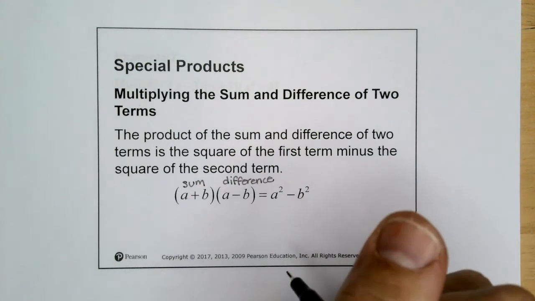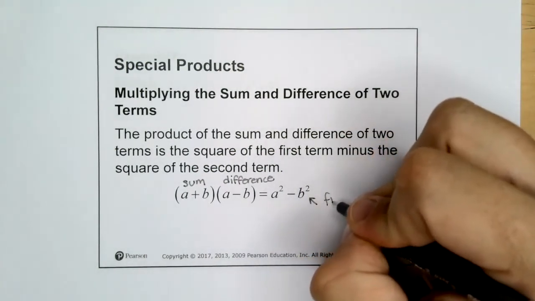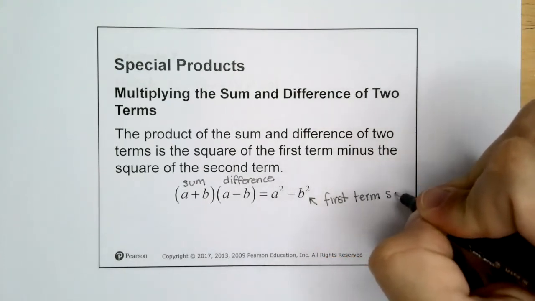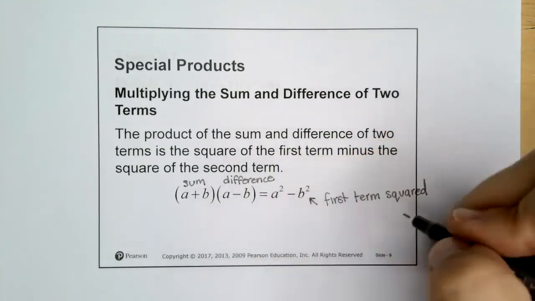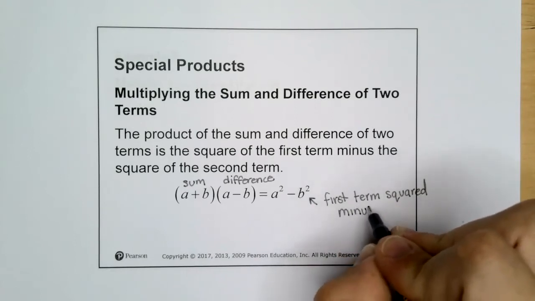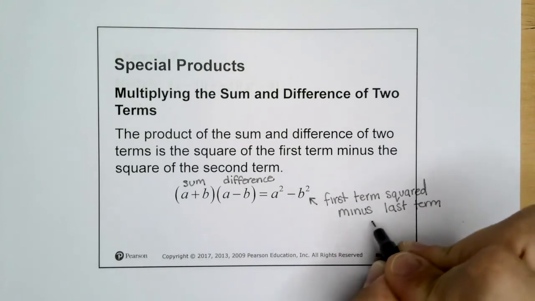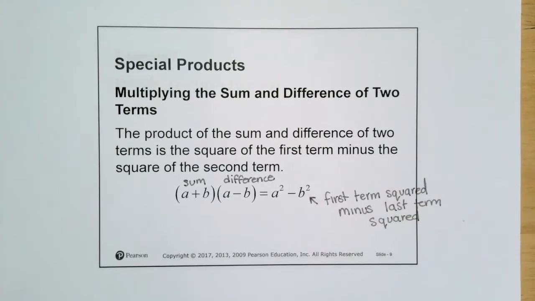The first term squared minus the last term squared. That's what that 2 is. First term squared minus last term squared is what they are saying. Okay?